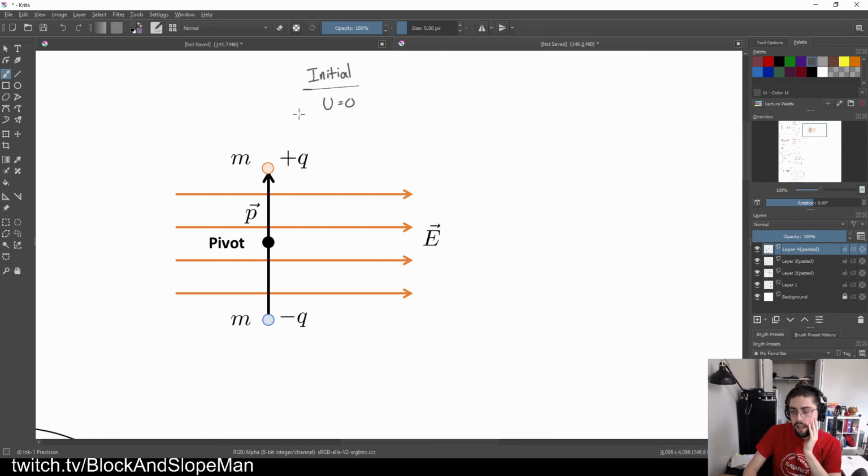And then, because this thing starts from rest, I have a kinetic energy also of 0.